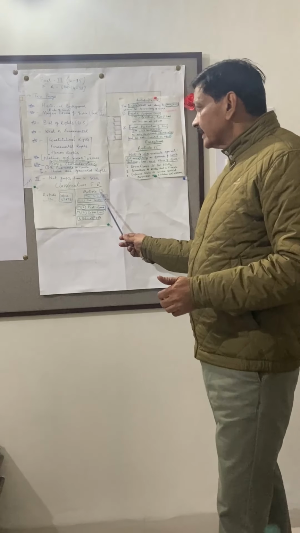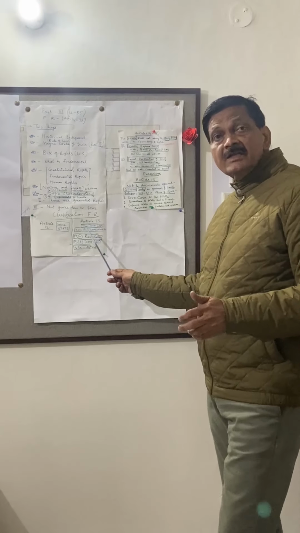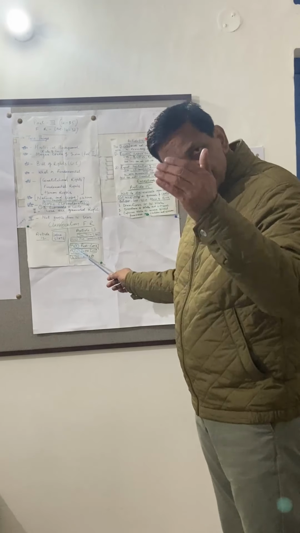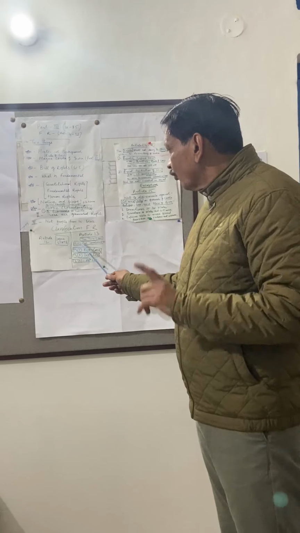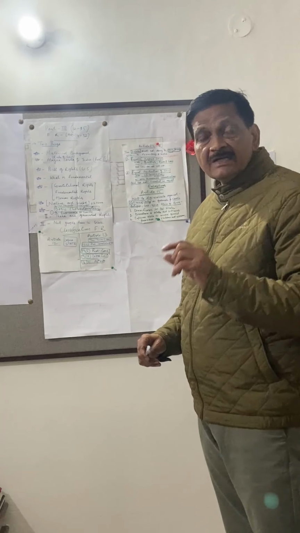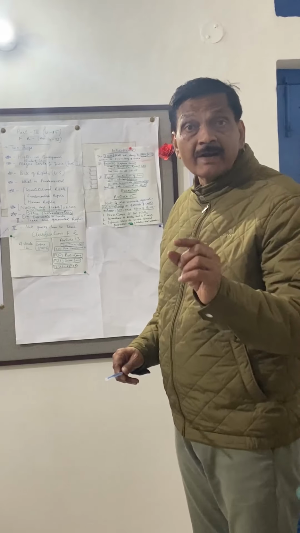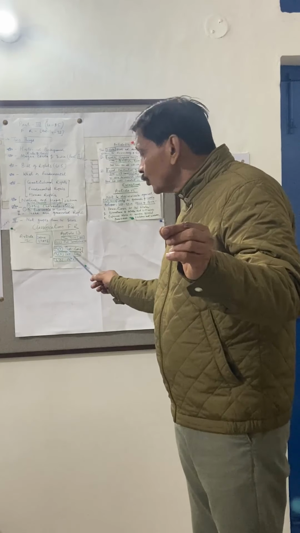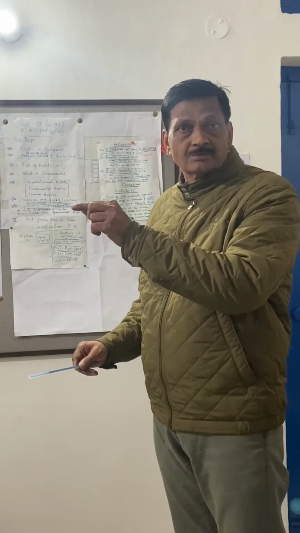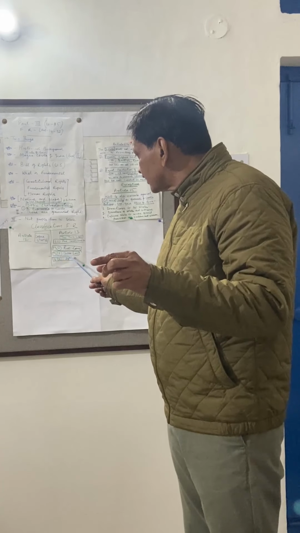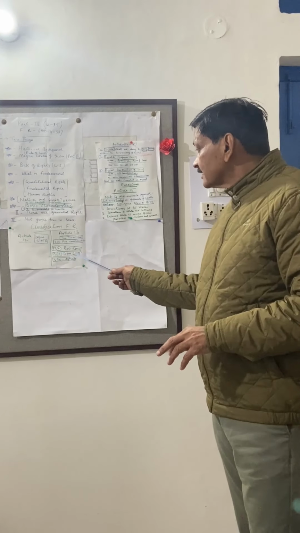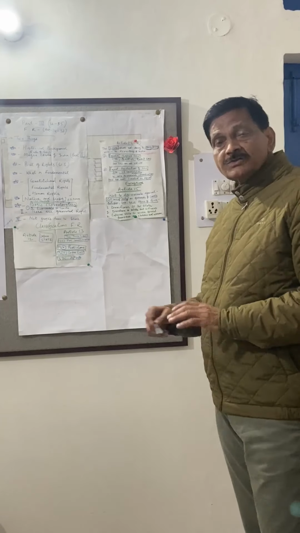Now let us shift to Article 13. Article 13 basically defines what is law. It has 2-3 provisions. Article 13(1) deals with those laws which were framed in the pre-constitutional period. Article 13(2) deals with post-constitutional laws. And Article 13(3) defines what is law. Now this is very crucial. What is the definition of law as provided by the Constitution of India?